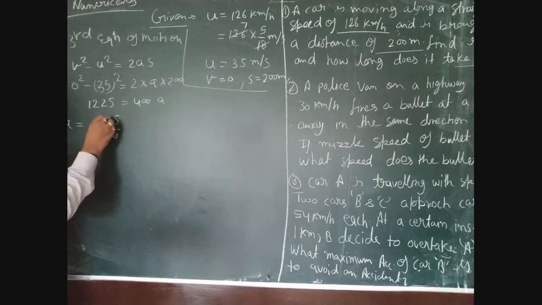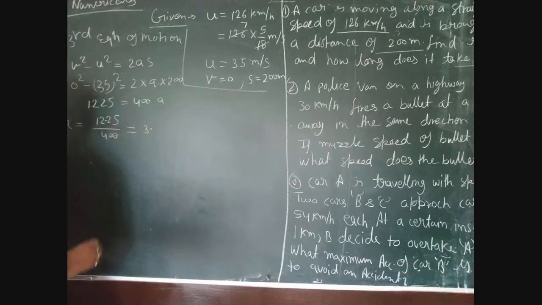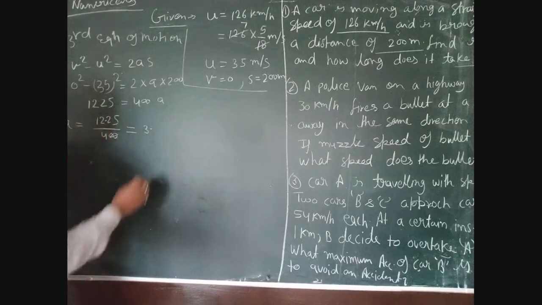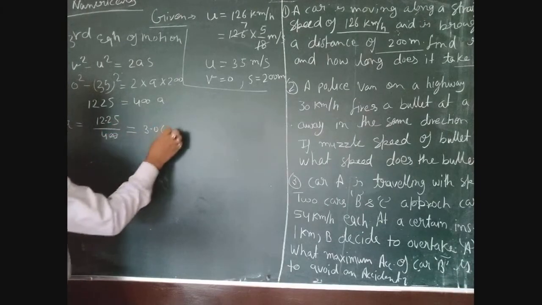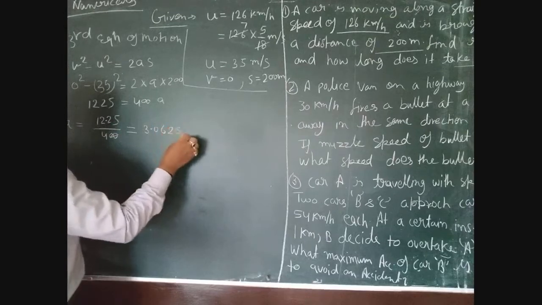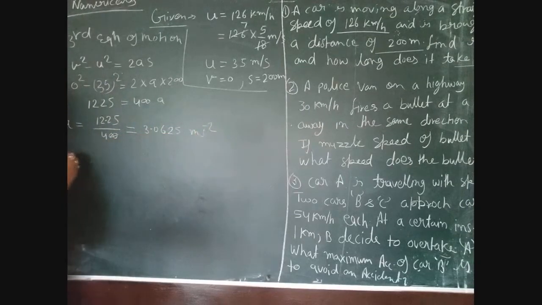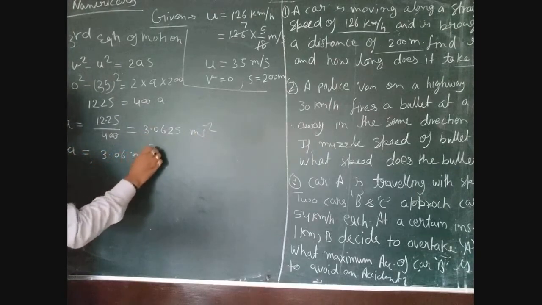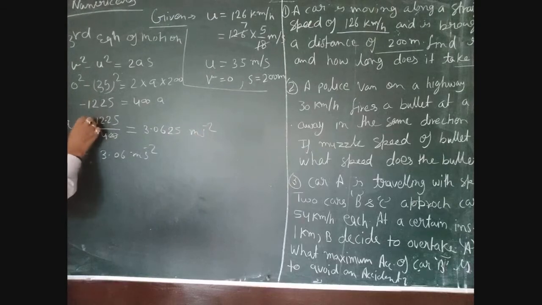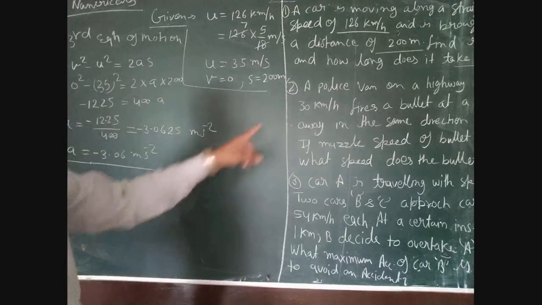Then you will get 3.0625 meter per second square. We are using here only 3.06 meter per second square. It is negative, so this is the required retardation to stop the car after 200 meter.